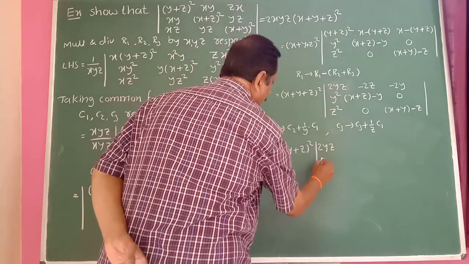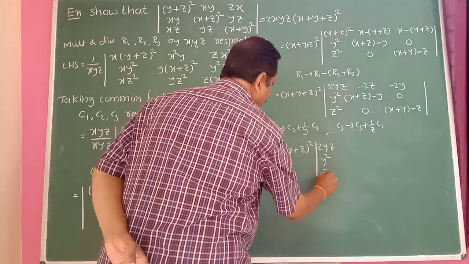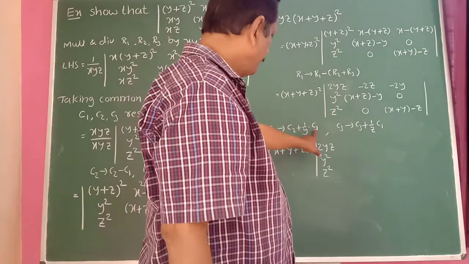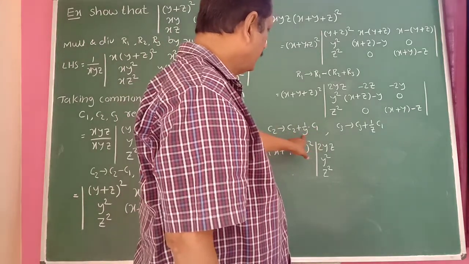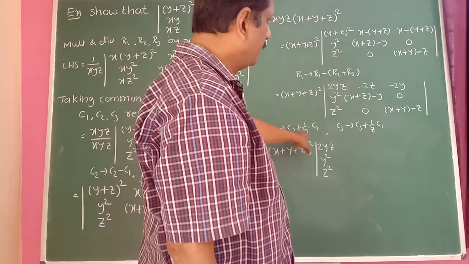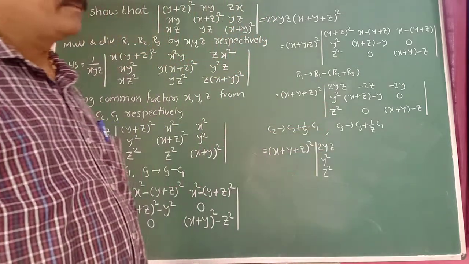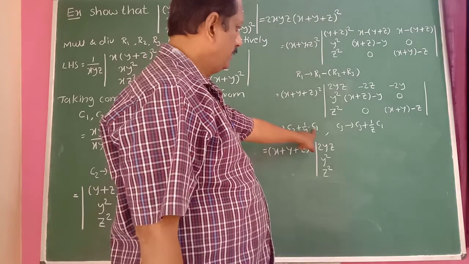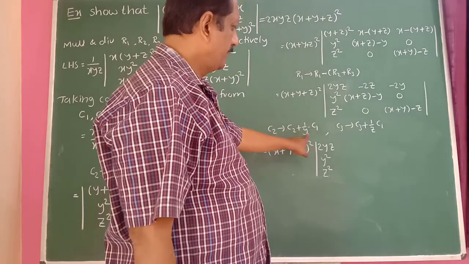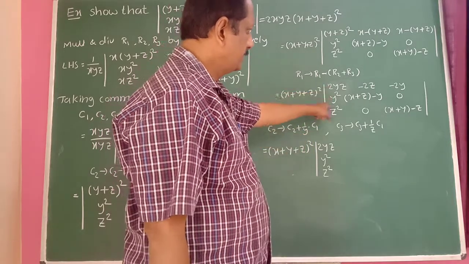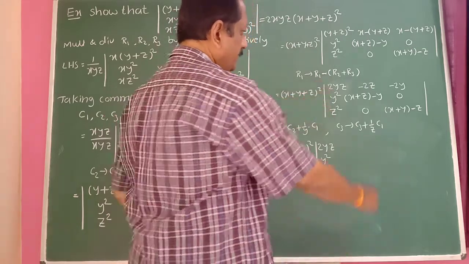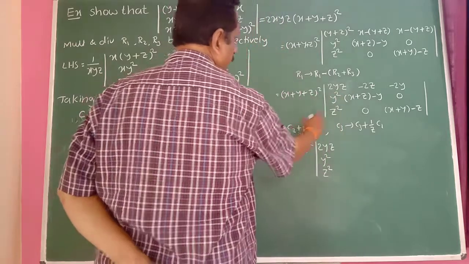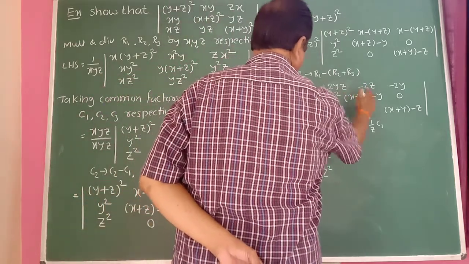2yz, y square and z square here. Then multiply the first column by 1 upon y, meaning divide by y here. Look here, divide C1 by y. If you divide by y here, the remaining 2z added to the second column element, 2z minus 2z becomes a 0.